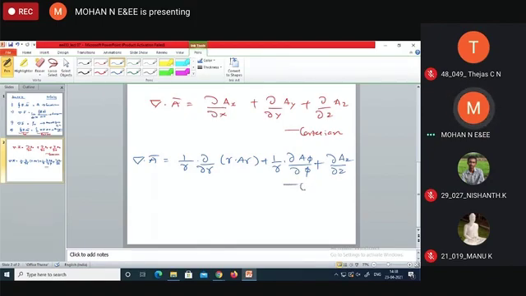This is in the cylindrical coordinate system.